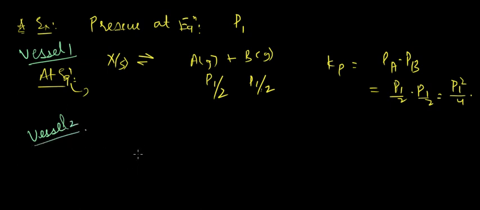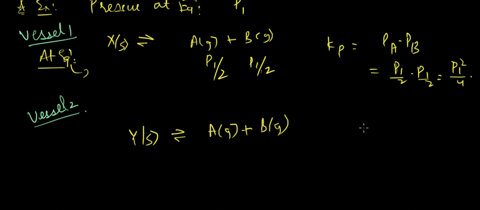So suppose in this vessel we have Ys, which is getting converted into again Ag plus Bg. So we say that the total pressure at equilibrium in this case would be, let's say, P2.